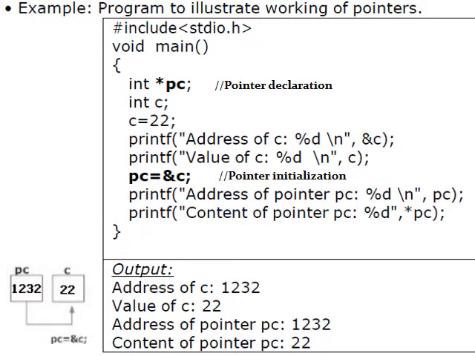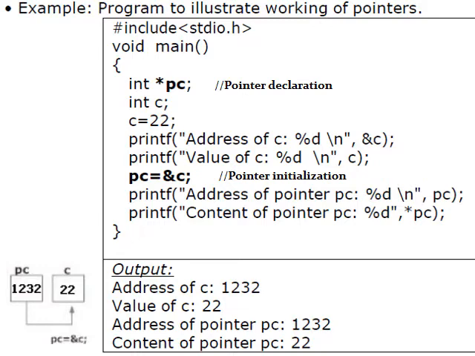Once initialization is done, what are we doing? We are printing both the content of the pointer and the address, by just printing PC, and we are printing the content of the pointer by giving *PC. In the output you can see the address of the C variable, that is 1232, whereas the value is 22.